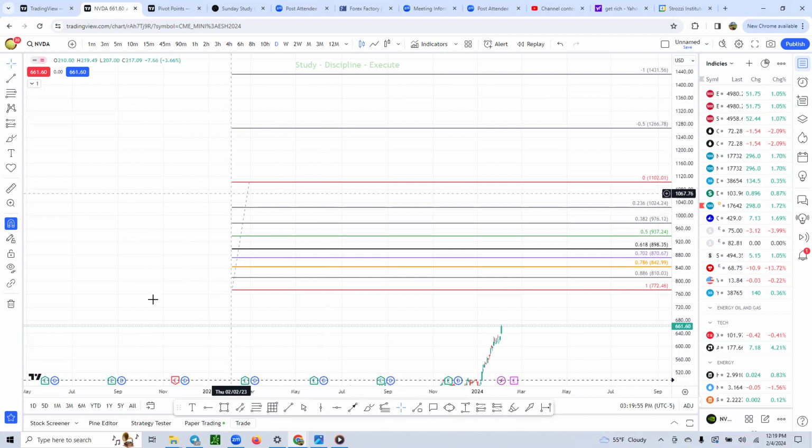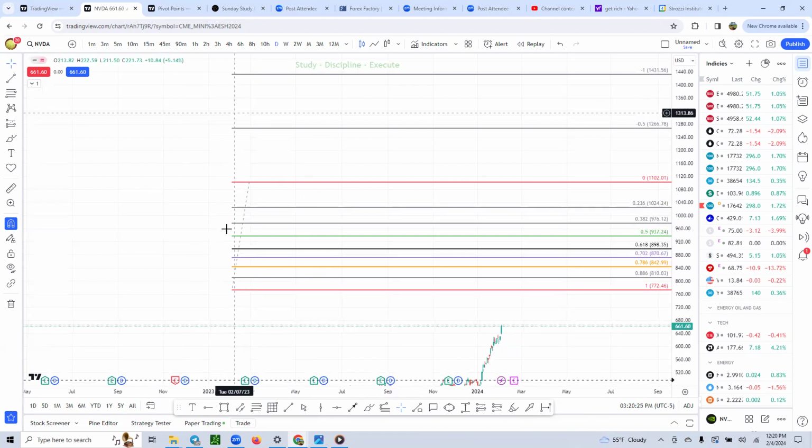So the thing about the fib is sometimes people will be like, I don't know how to draw it. You did top down; I thought it was supposed to be bottom up. The fib, depending on where you click and drag it, whether you start here and go down or start here and go up, is going to be based on the previous settings you had when you laid the fib down. This is only for TradingView.